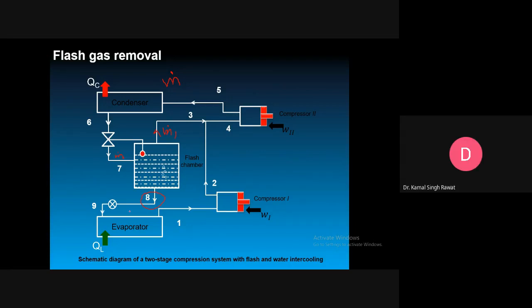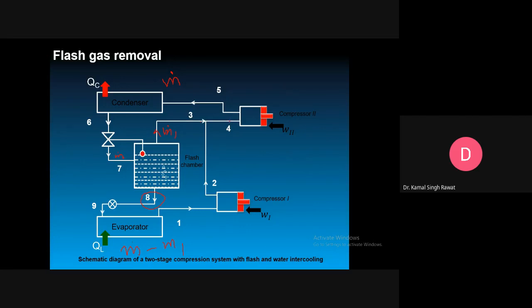Very good. And the refrigerating effect is also produced with the mass flow rate of m dot minus m dot 1. So the mass flow rate going into compressor 1 is also m dot minus m1, and when it reaches state 4, m dot minus m1 is coming from there and m dot 1 is coming from there.